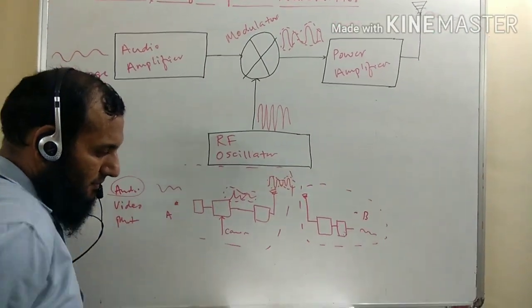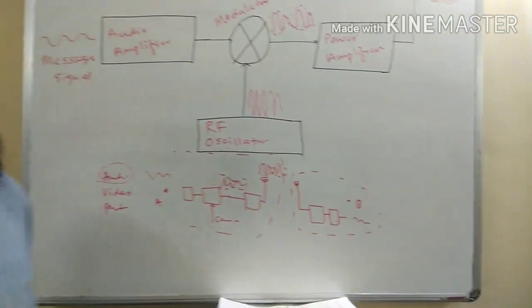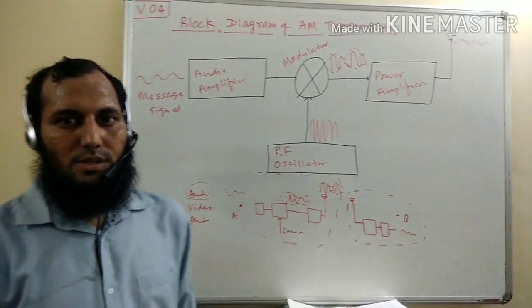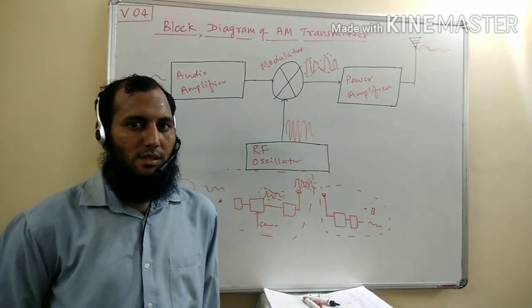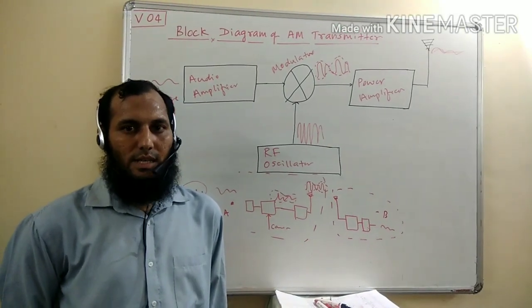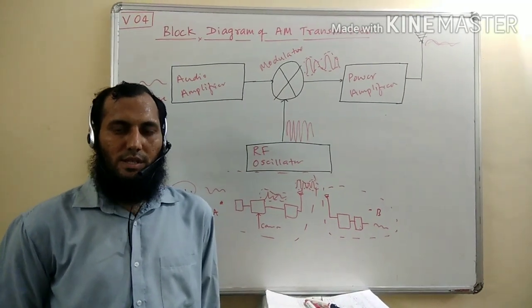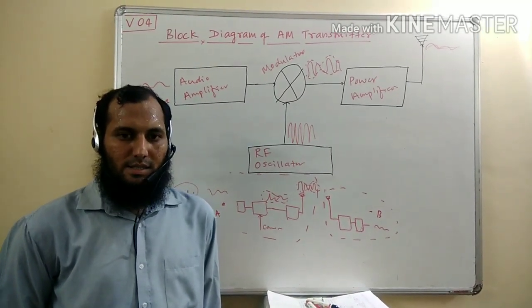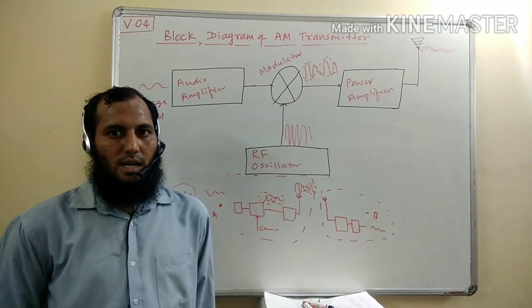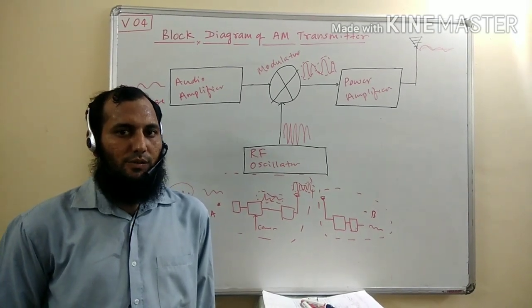This is the block diagram of the amplitude modulated wave transmitter. So we come to the end of this lecture. In the next lecture we will see the process of demodulation, then the receiver, the demodulator, and after that we will go for frequency modulation.